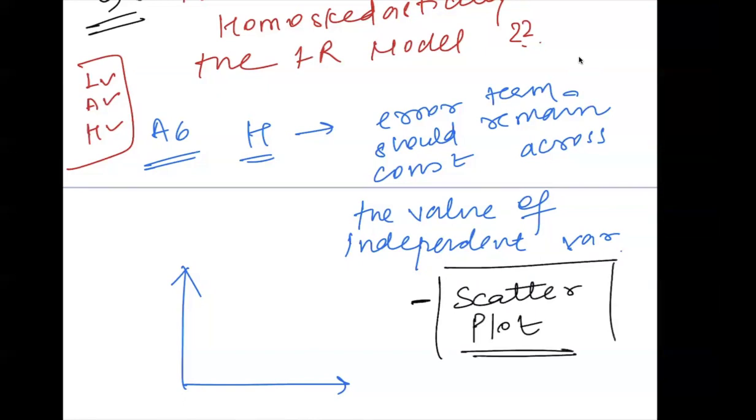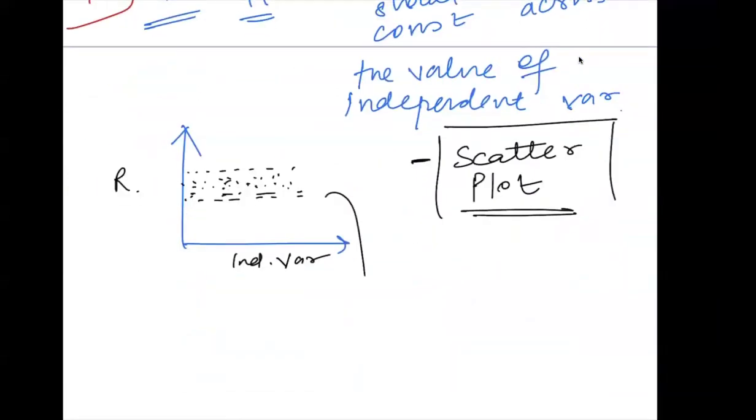So what happens is when you plot residuals with independent variables, generally, if it gives you a cylinder-like structure, let's say your residuals are in this cylindrical format, this means that your residuals are homoscedastic, that the variance is constant.